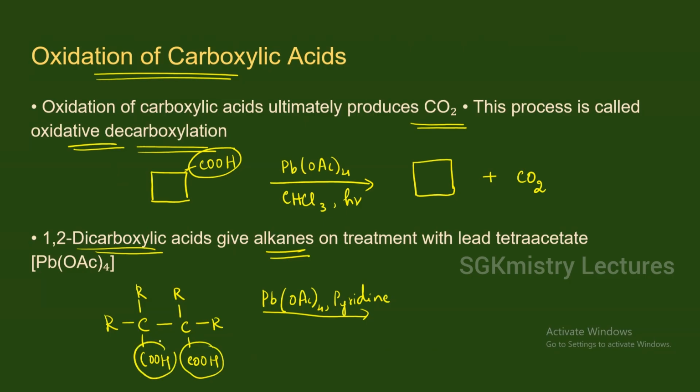This as well as this is removed. So now we are going to get C double bond C, and then you're going to get the R groups which are already attached to the carbons. So you're going to get the alkenes. So here it is alkenes, not alkanes, when 1,2-dicarboxylic acids are treated with lead tetraacetate.